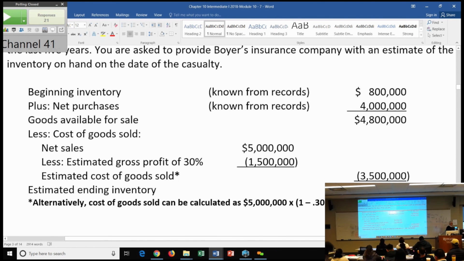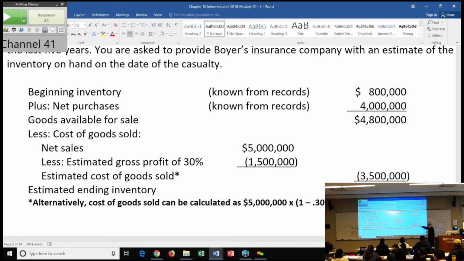Got the beginning inventory of 800. That you know from the company's records. You've got net purchases of 4 million, which you know from the company's records. So goods available for sale, 4.8 million, is known. We take net sales, 5 million. If I subtract out the estimated gross profit of 30% on sales, I get 1.5.